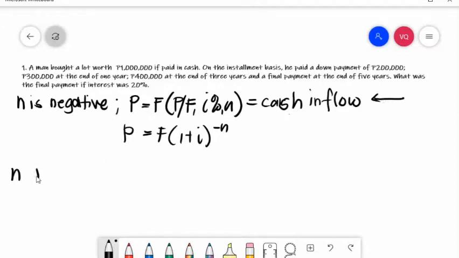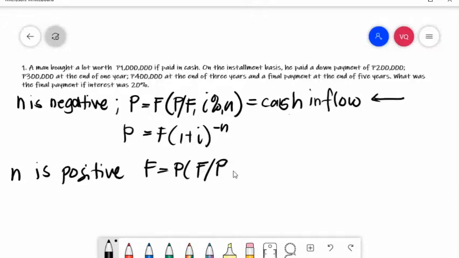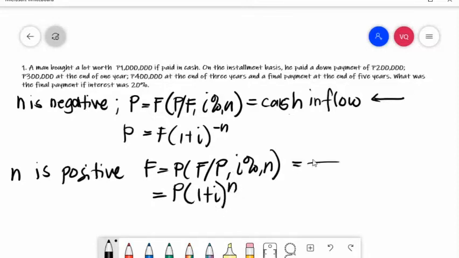If n is positive, then F is equal to P, F slash P, i percent n, and it is equal to P times 1 plus i raised to positive n. And this is your cash outflow from left to right. Cash outflow.